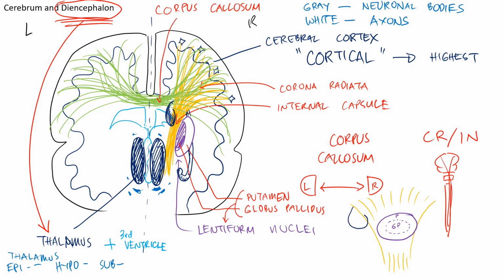It has a head here, and then the tail is at the back in the medial side of your internal capsule, corona radiata, and then the tail comes out somewhere here, there. So this is your caudate nuclei.